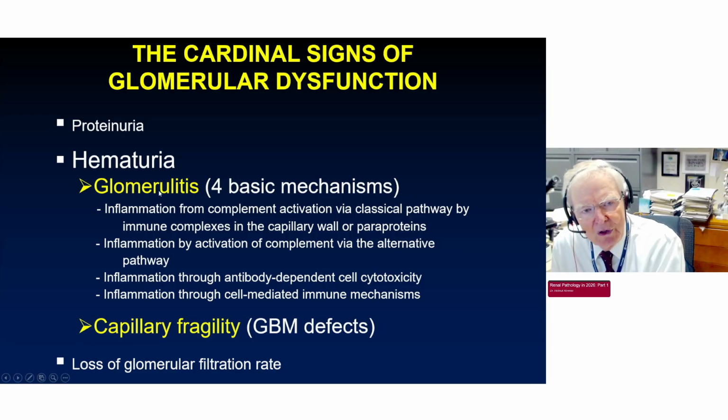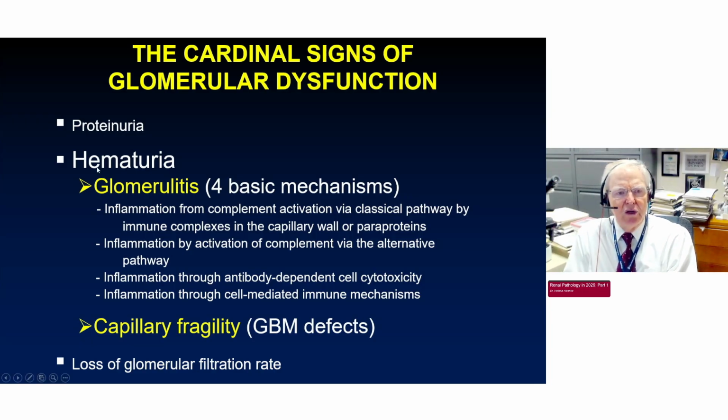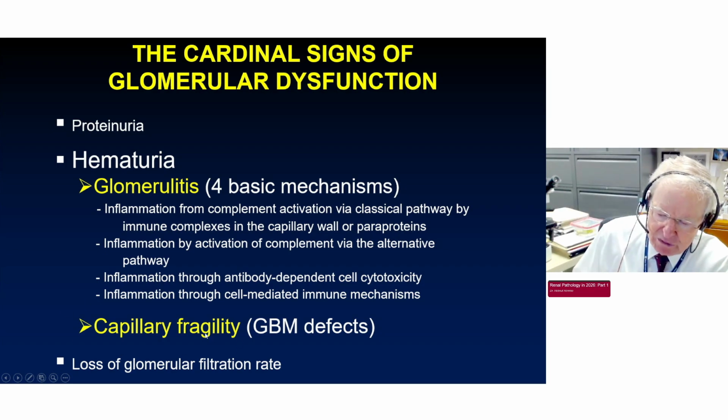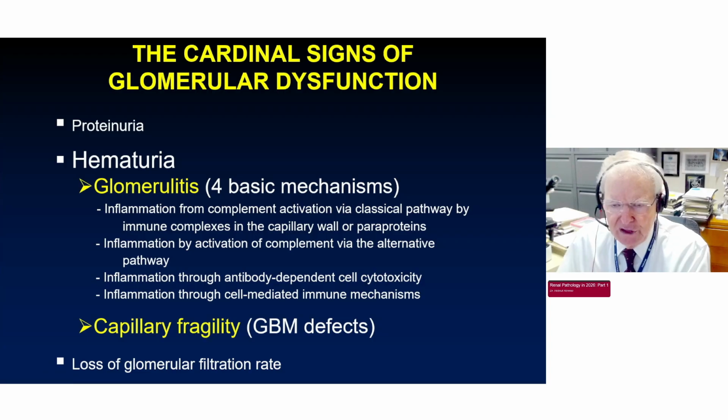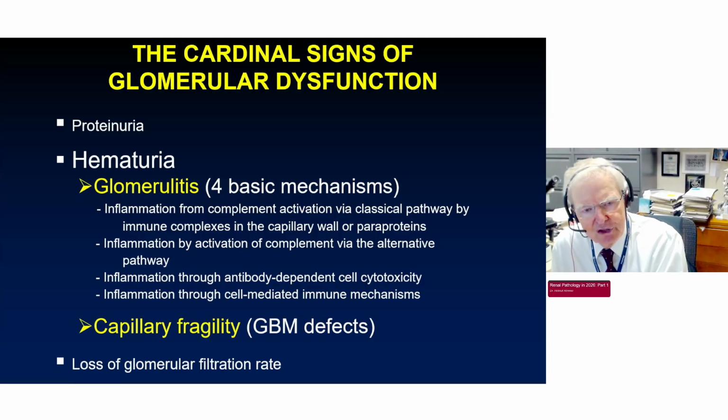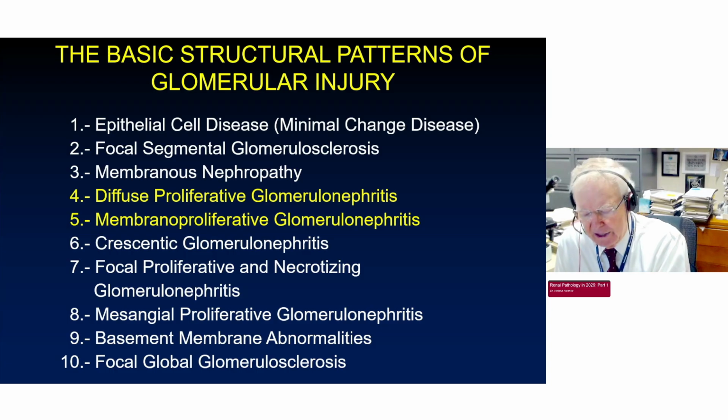And therefore, when you have a patient with hematuria, think of these two basic abnormalities: the glomerulitis, and we will go into detail into the various mechanisms of that, and the capillary fragility, namely thin basement membrane glomerulopathy, and the more severe form, which is the conventional Alport syndrome, if you want, or hereditary nephritis.